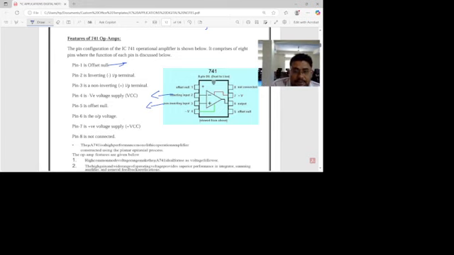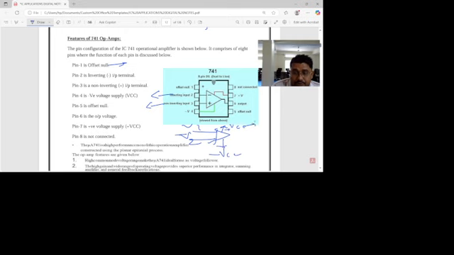Suppose that this is the op-amp. We can understand this easily from the diagram. Suppose this is V1, this is V2, and this is the VCC supply. This is VCC positive, and this is VCC negative.